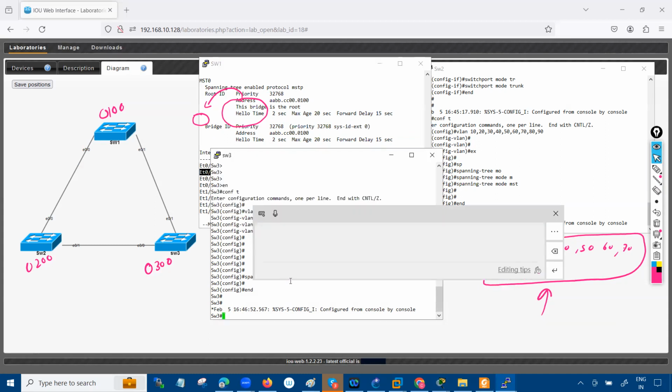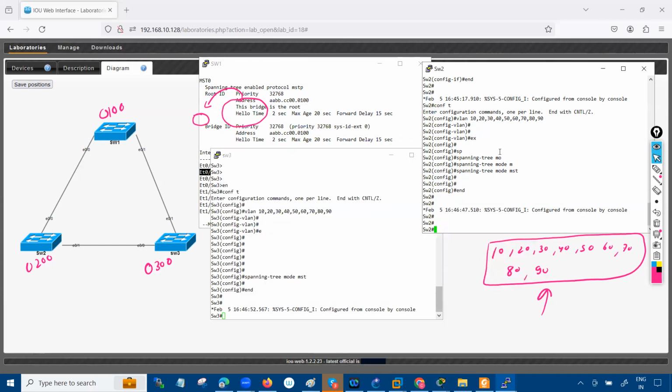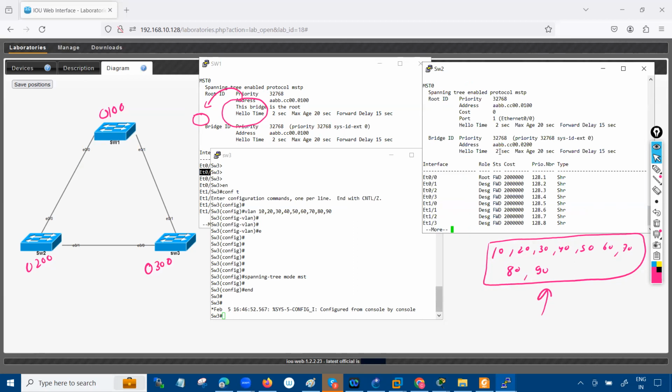If you go to switch 2 right now, show span 3, E0/0 is the RP and E0/1 is a DP. Same election, no issue. DP and DP, we have a root bridge. We have a non-root bridge, again RP and DP, and this guy goes into blocking. So it's span 3 right now.